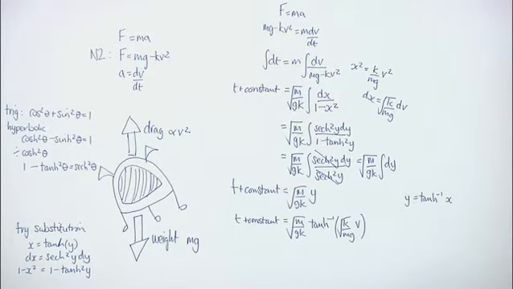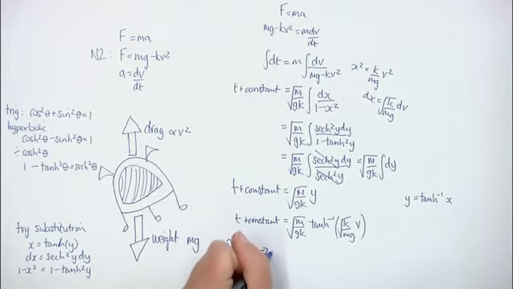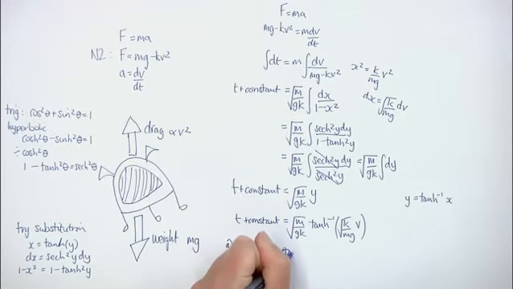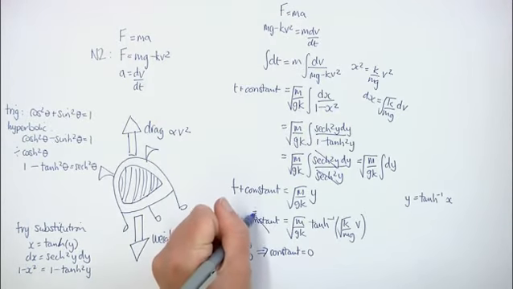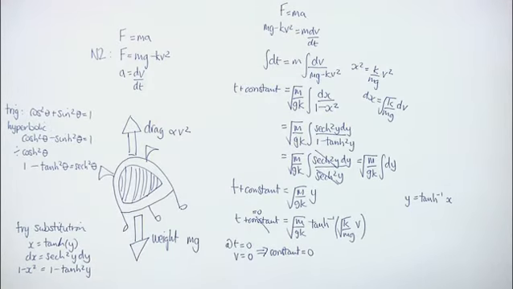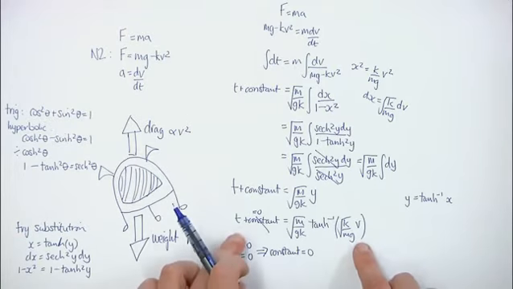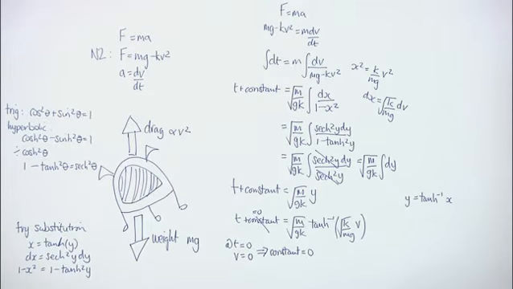Let's assume that at t equals 0, the velocity also equals 0. And that implies that this constant here equals 0 as well. If we set that equal to 0, we can rearrange this to end up with our final solution of v in terms of t.